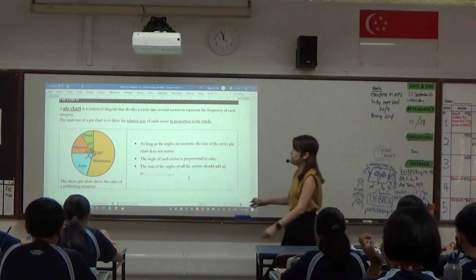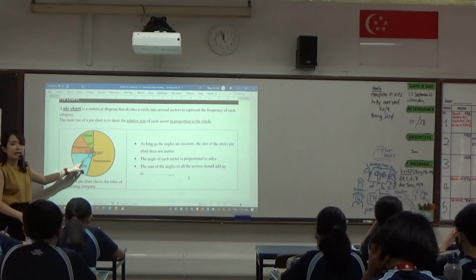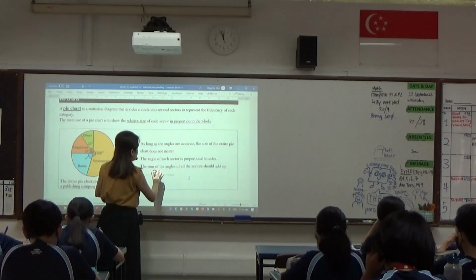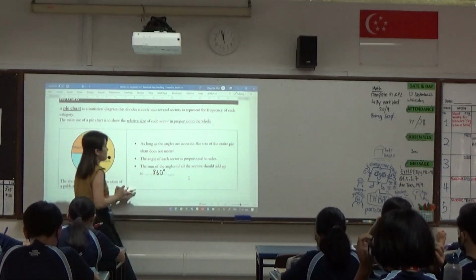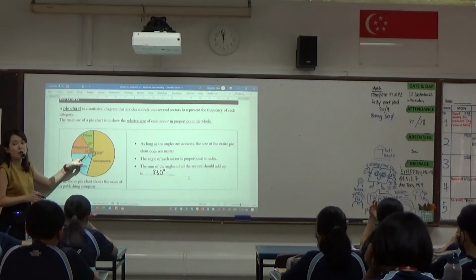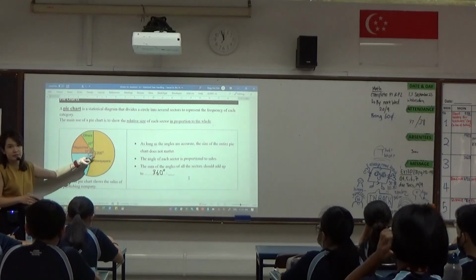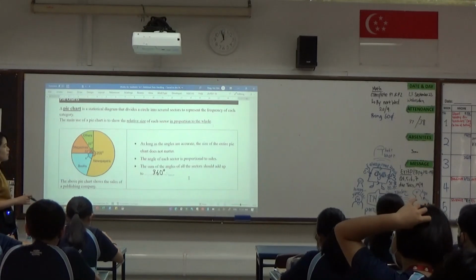So in a pie chart, because it is circular, the sum of all these angles must add up to be 360 degrees. And the angles by right should be proportional. It cannot be 200 degrees and they end up a very small size. It needs to be proportional.